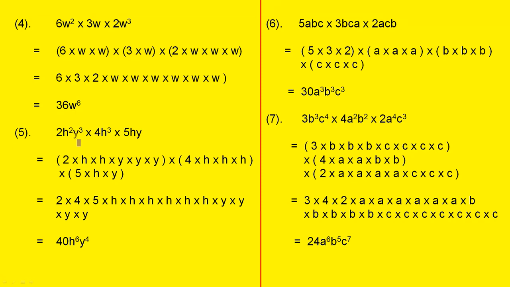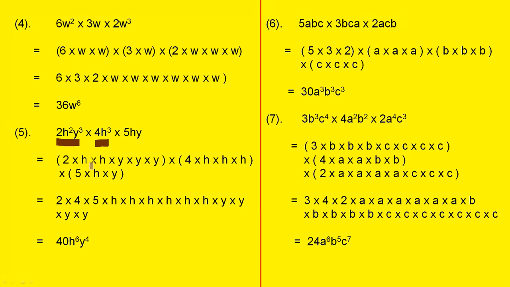Example 5. That first term there is all that. Right, you've got those h's, those y's. The next term, we have those there, so that's 4h cubed. And this one here, 5 times hy. So we have 2 times 4 times 5, that's there.